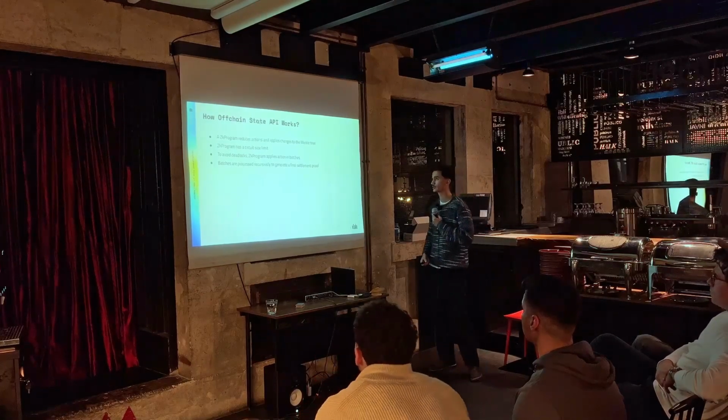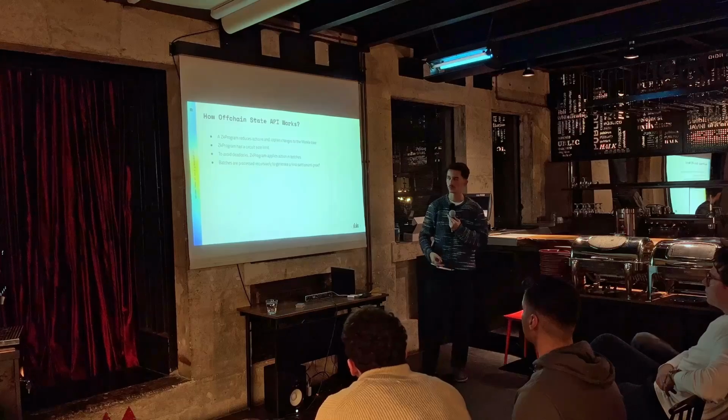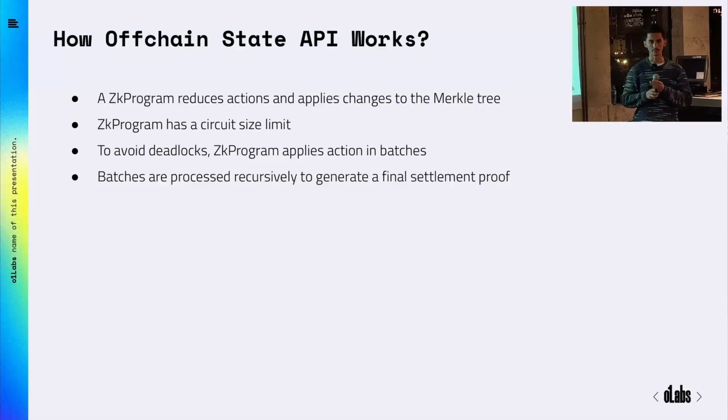So this is cool, but how does this API work? Unlike the traditional actions and reducers, here there is a ZK program that reduces actions and applies state changes to the Merkle map, Merkle tree. But the ZK program has a circuit size limit like all other circuits.